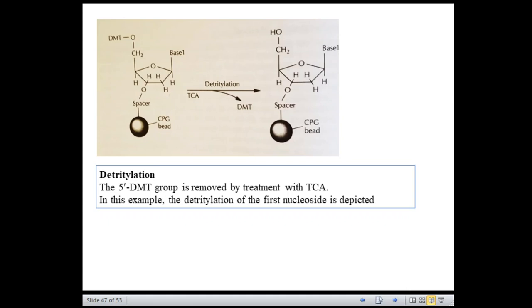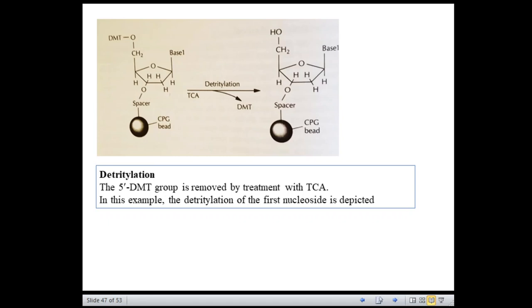Now, the software takes care of introducing the next specified or prescribed base, that is, we call it phosphoramidite, because the method by itself is the phosphoramidite chemical DNA synthesis method. And what phosphoramidite refers to, I have shown.